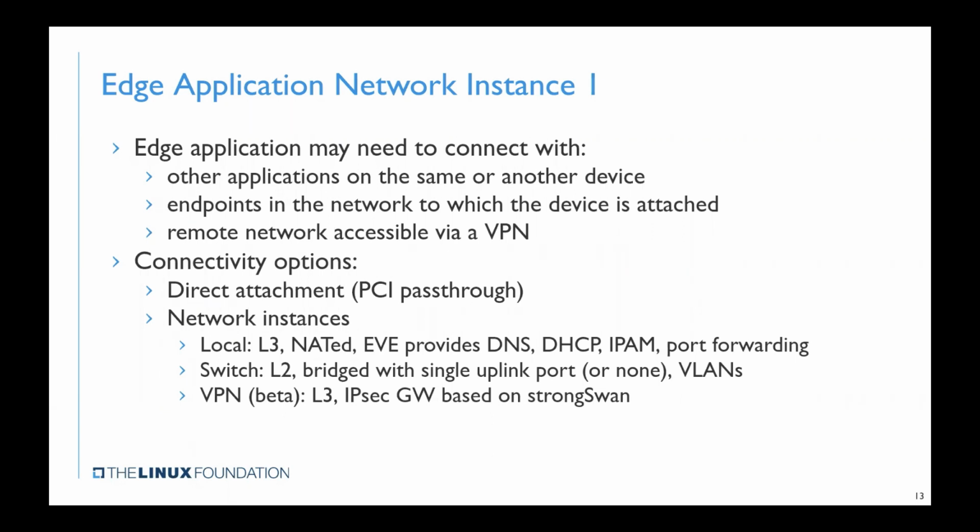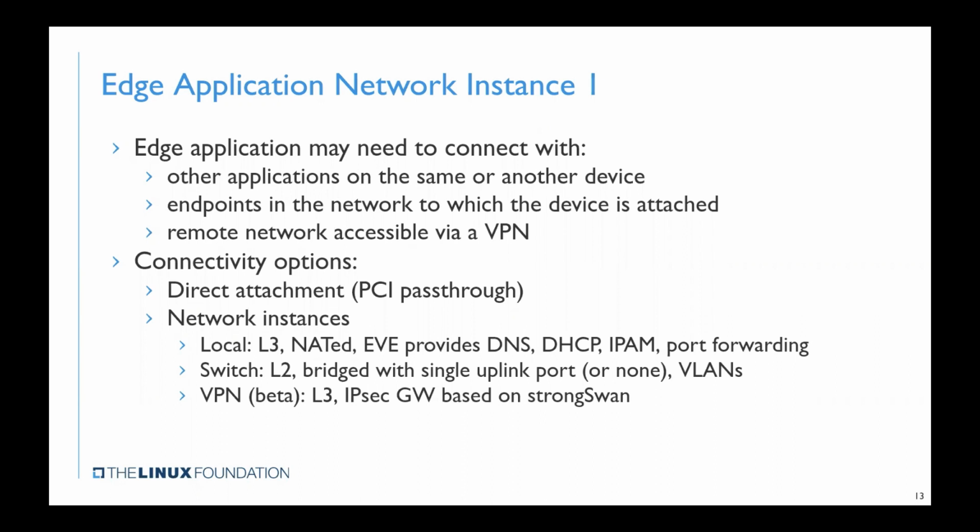And because there is a NAT in between this network instance and the device networks, it is not possible to access applications directly from outside. Applications can access anything outside, obviously, but you cannot go from outside to the application because of the NAT. But there is an option to configure port forwarding through network ACLs, which I will mention shortly.